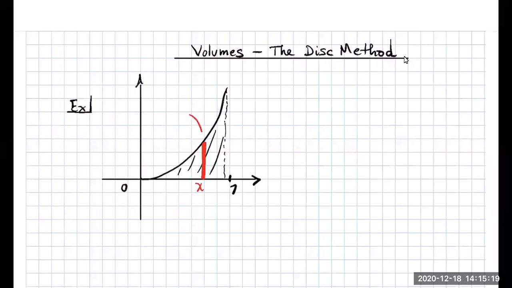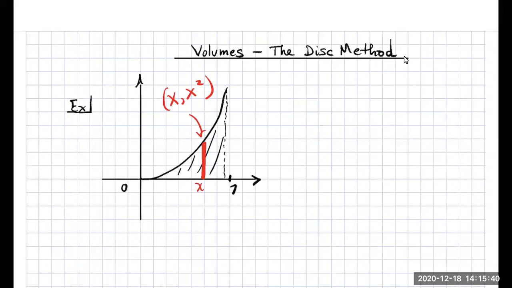Top and bottom. Okay, I won't bother with the bottom because it's resting right on the x-axis. Okay, all right, and we know that the area of this can be found by taking the difference of the y coordinates to get its length, and then we multiply it by its width, which is dx.